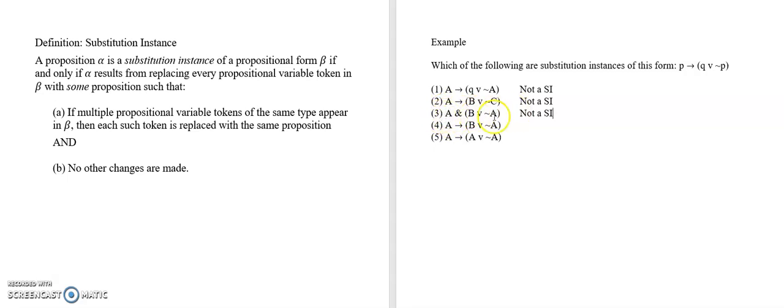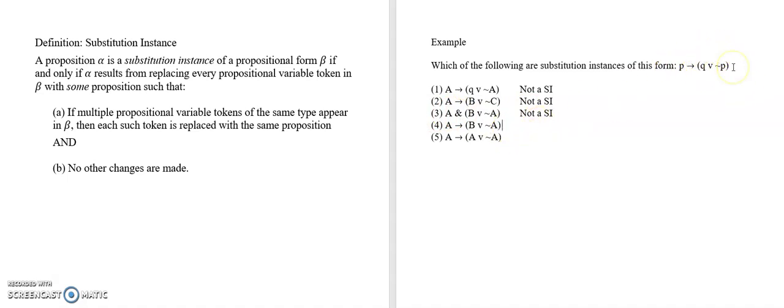All the letters are replaced. P and Q have different values. That's fine, but proviso B here says no other changes can be made, and all of a sudden this if-then became an and, that's making a different change, and so that is prohibited, and therefore this is not a substitution instance of this form.